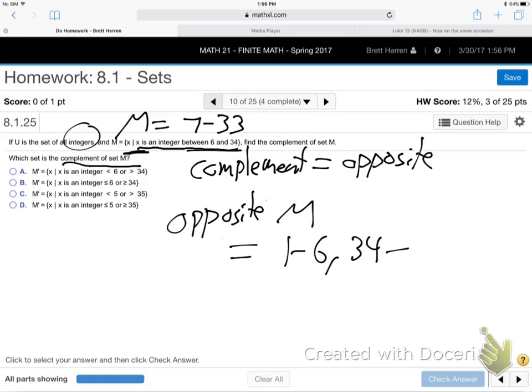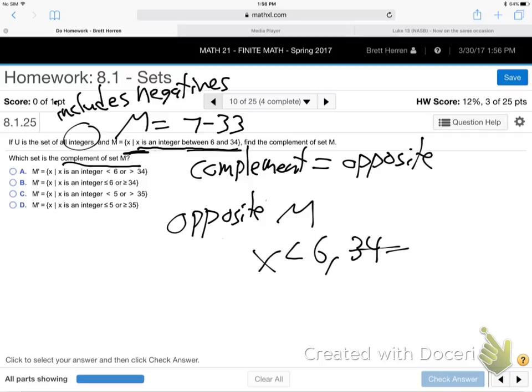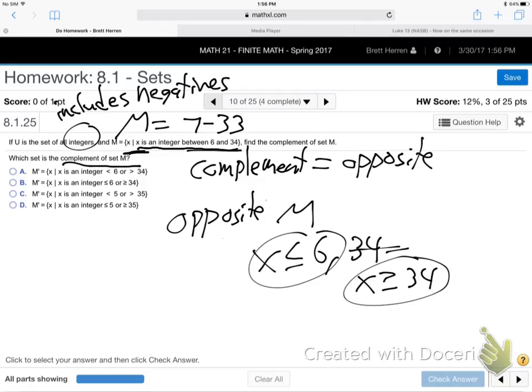I should mention the word integer includes negatives. So really it's not 1 through 6, it's anything less than or equal to 6, and anything bigger than or equal to 34.